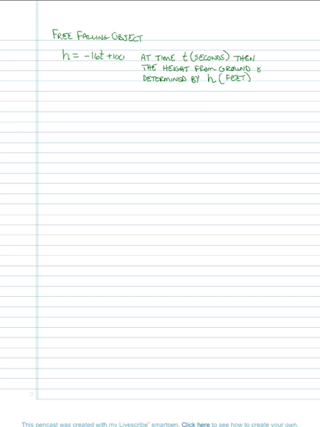Okay, so here's what we're to do. Start out with A: find the average velocity, and we're thinking of velocity, of course, as a rate of change, from 1 second to 2 seconds.